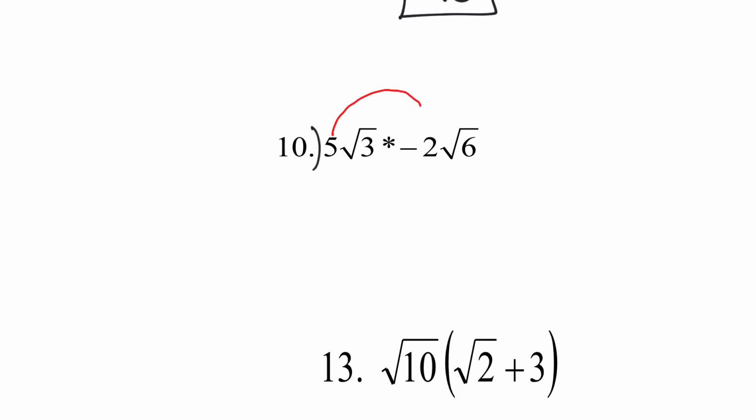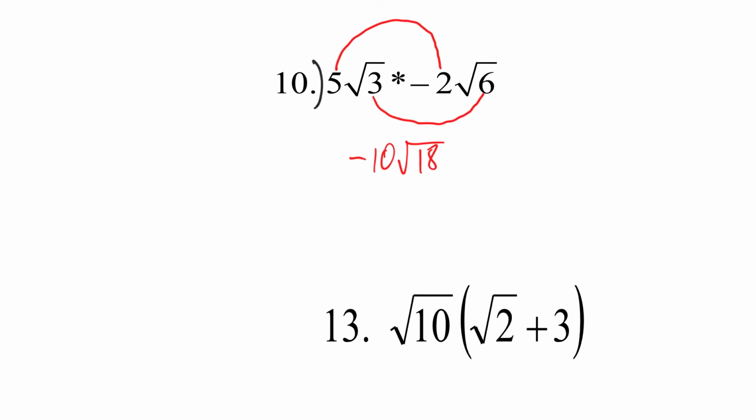So it's going to be 5 times the -2, and it's going to be 3 times the 6. So on the outside, what are we going to have? -10. And on the inside, what are we going to have? 18. All right, so, and we've already broken down 18 several times.